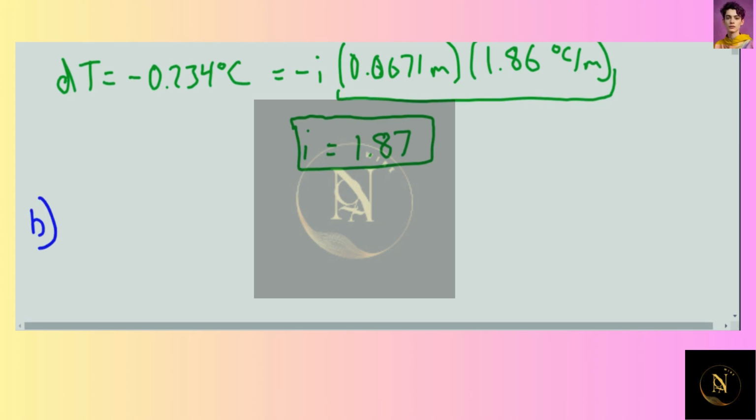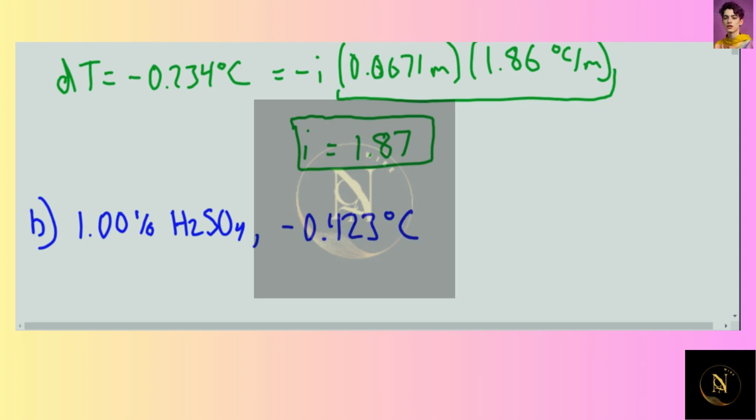So for part B, we have our second situation, which is 1% mass of sulfuric acid, H2SO4, and we also have a value of negative 0.423 as our freezing point.